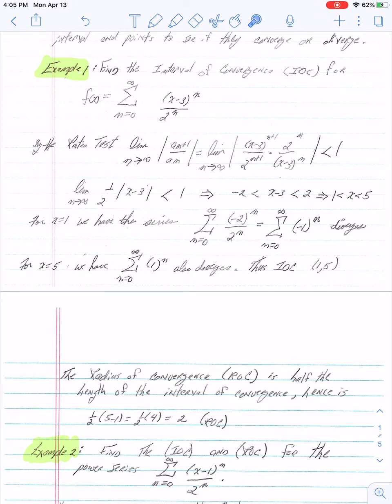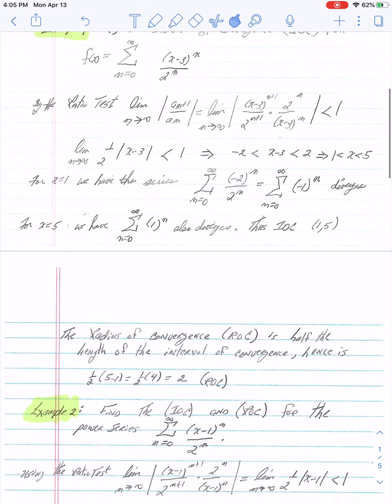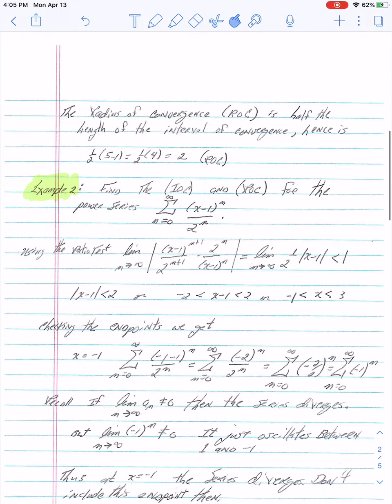It's 1/2 times 5 subtract 1, or 1/2 times 4, or 2. That's the radius of convergence. All right, let's look at our next example. Summation n running from 0 to infinity of x minus 1 to the n over 2 to the n.